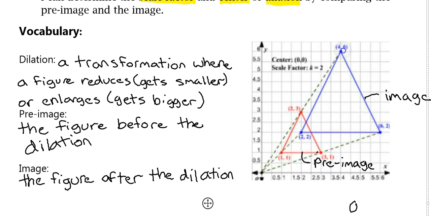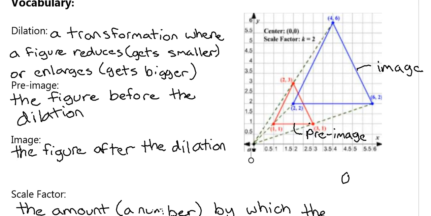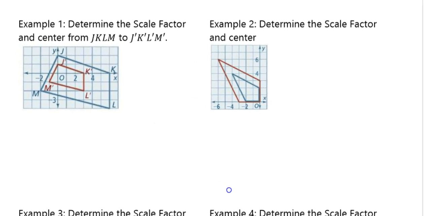I find my center by connecting the 2 points that go together in the triangle, and where they all intersect, or where they all meet, is your center. So we can tell that is how we get the center, and we'll be looking at that a little more in our examples. Turn the page. We have 4 examples like this that we are going to look at.